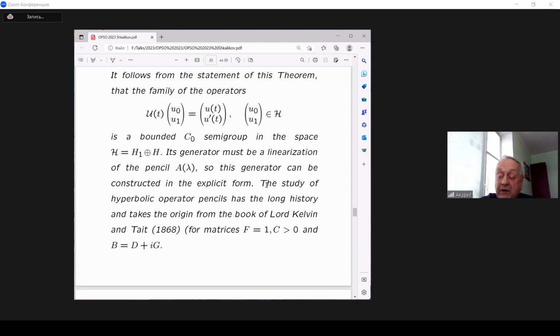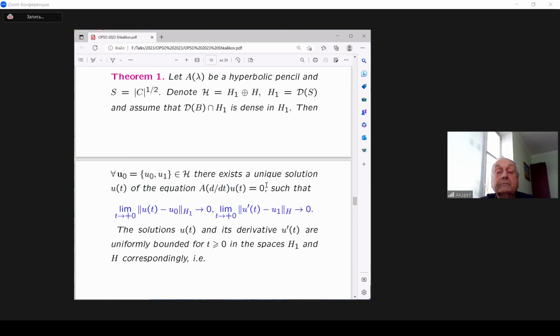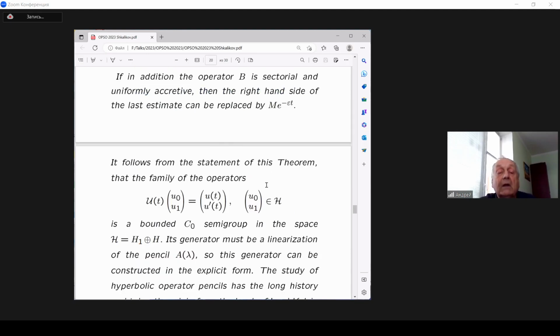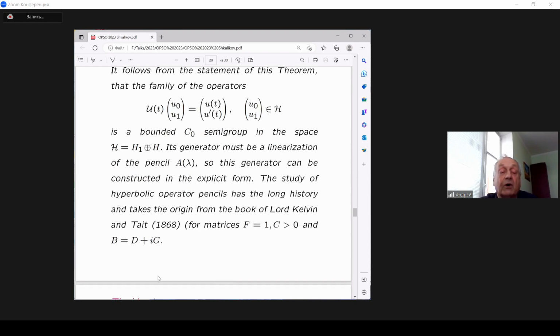The study of hyperbolic operators takes its origin from the book of Lord Kelvin and Tait, which was written in 1868. For matrices, when F is equal to the identity matrix and C is a positive matrix, and B has the form with D greater than 0.